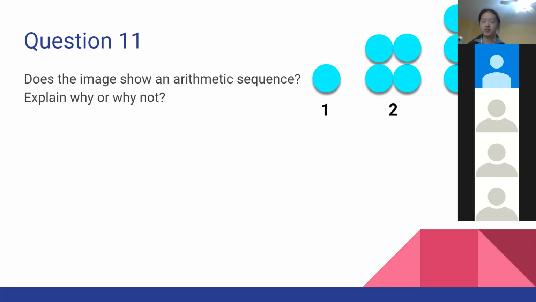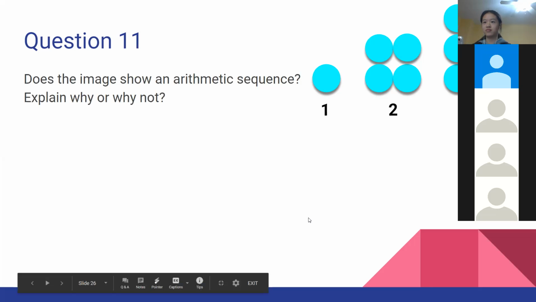I'm going to call someone else for this one. Kavya, tell us, is this an arithmetic sequence? Does she have a mic? All right, I guess he's AFK or something. How about Shriram?